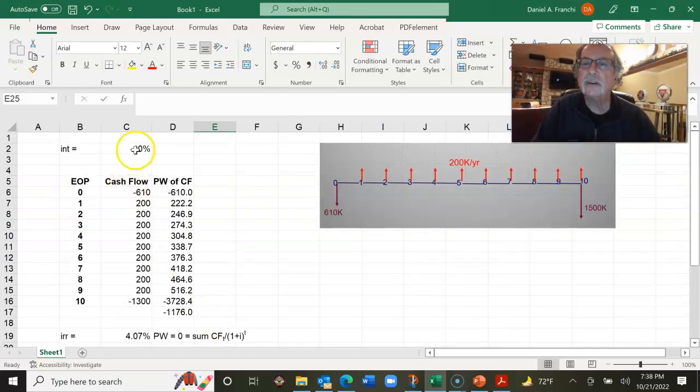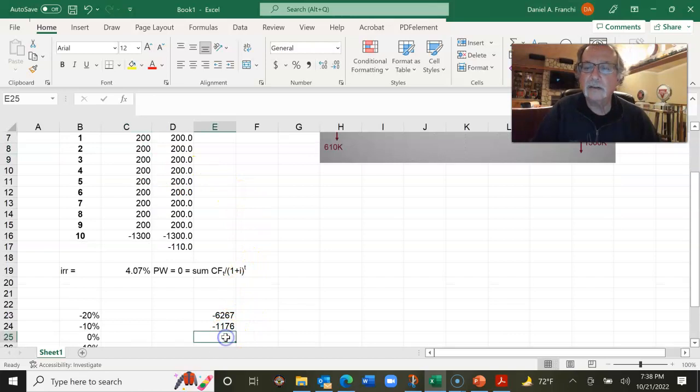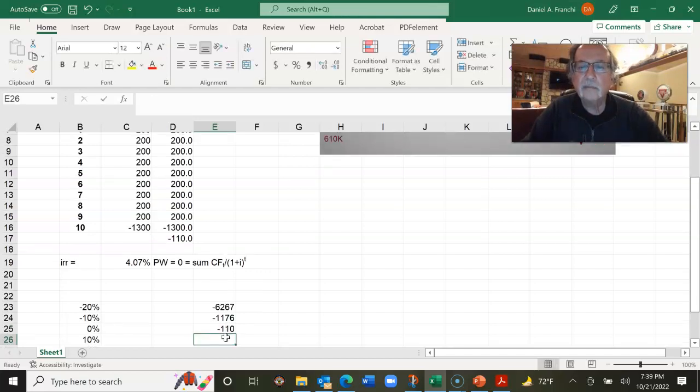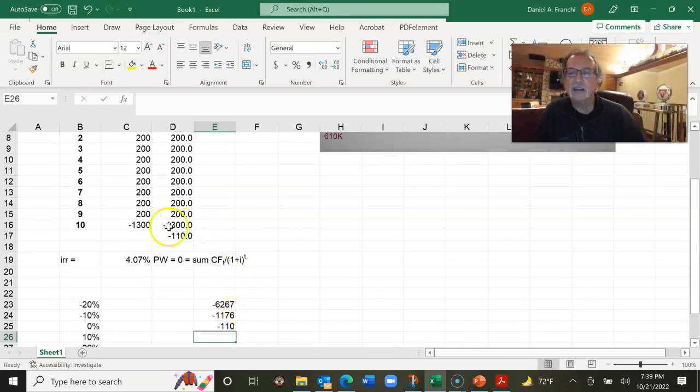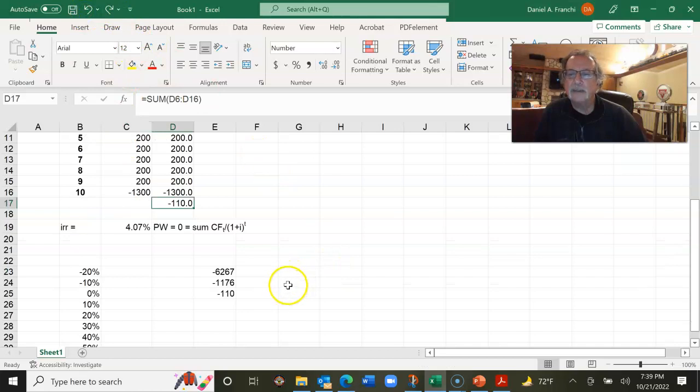At 0%, I get negative 110. Now, kind of as a sanity check, 0% is just the sum of the undiscounted cash flow, so I can just see if that works. So this is kind of a brute force method. It's kind of a pain.